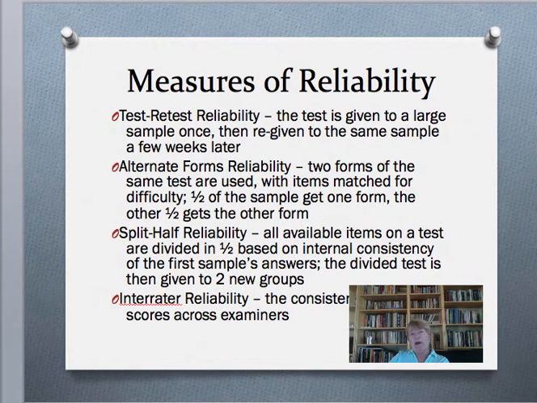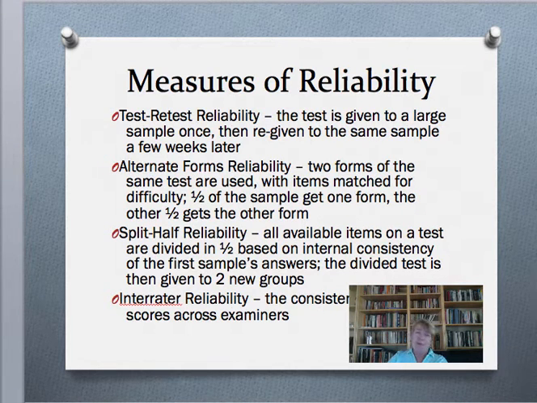And then finally, what I bring as the examinee to the test situation is going to affect reliability as well. Did I have breakfast this morning? Did I have a fight with my significant other? Is it morning when I'm more awake, or is it afternoon when I've already had a long day and I'm likely to be tired, and so forth? So things about me can affect how reliable the scores are.